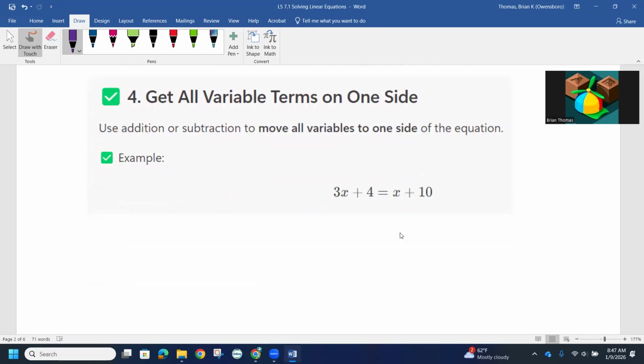So the key thing is we want to get the variable on the same side of the equation. All the variable terms need to be on one side of the equation if we're trying to solve it algebraically. To do this, we use addition or subtraction to move the variable to the same side of the equation. A lot of times I refer to this as pick on the little guy.